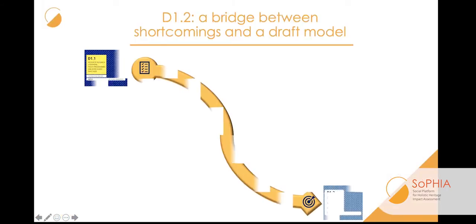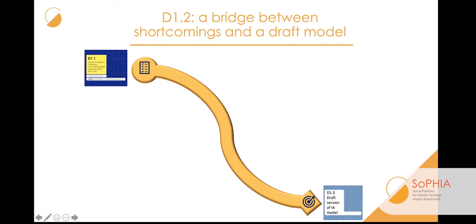As I said, we envisioned this deliverable as a bridge between the first one, which was the review of the literature on policy programs and good and bad practice, and the definition of the draft version of the holistic impact assessment model.